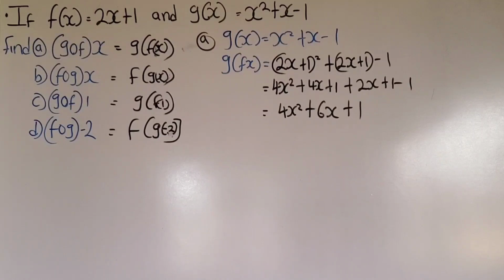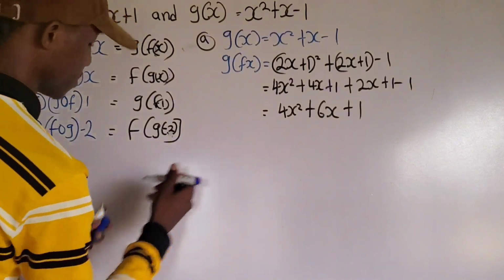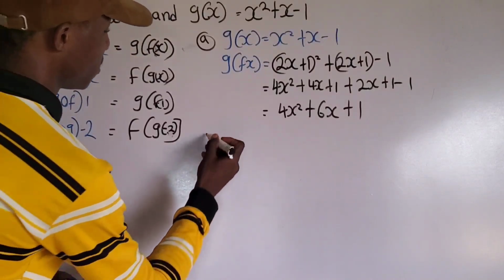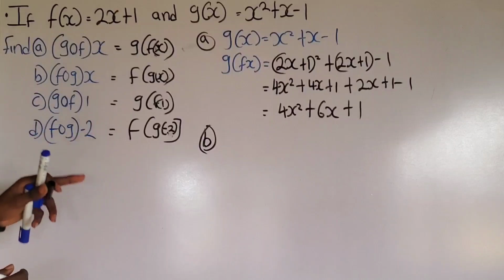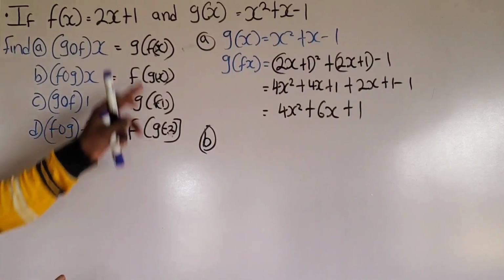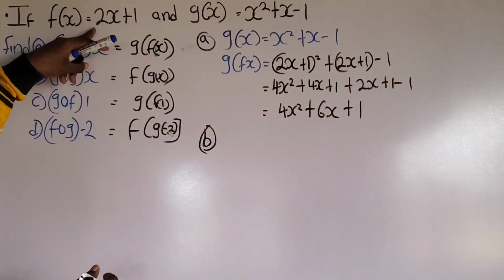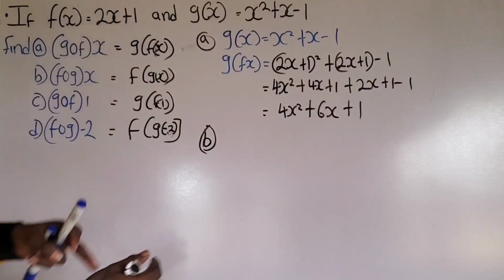Now for the second question, question B, we have f of g of x. Now for this second question, f of g of x, don't forget that f of x is 2x plus 1.